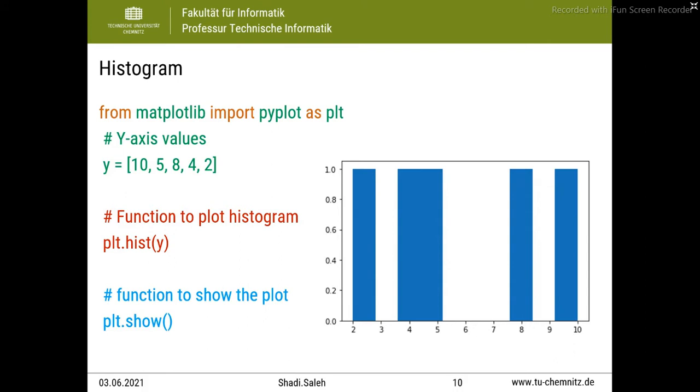So if you are interested in histograms, then you firstly need to get the concept of histogram, and performing it in Matplotlib is very easy. You just need to give the values. Like here, you can see y is equal to 10, 5, 8, 4, 2, and here you can perform it. This is a bigger one, and it is showing you the value of the histogram, like it shows the frequency.